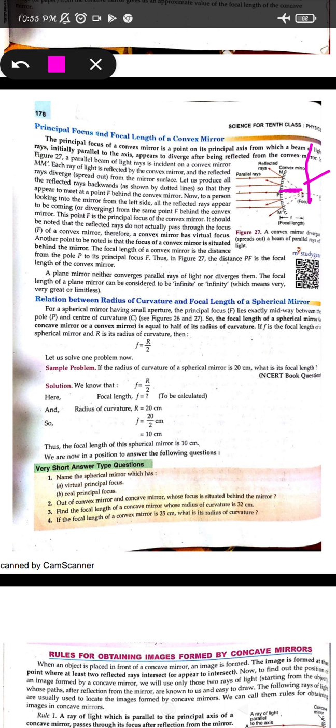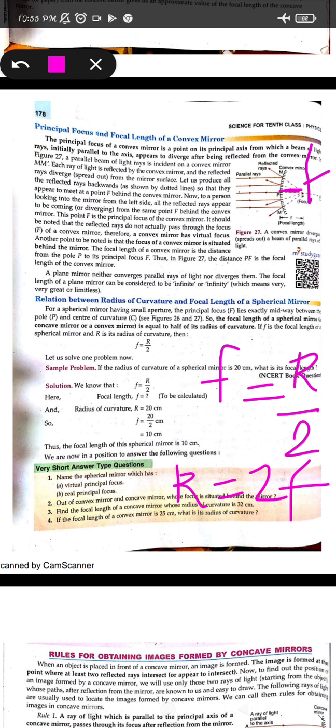So what is the relationship between the radius and the focal length? The focus is present midway between the pole and the center of curvature, and the distance between the focus and the pole is the focal length. So focal length will be half of the radius of curvature, or we can say that the radius is equal to twice the focal length. So this is the relationship between the radius and the focal length of the mirror.